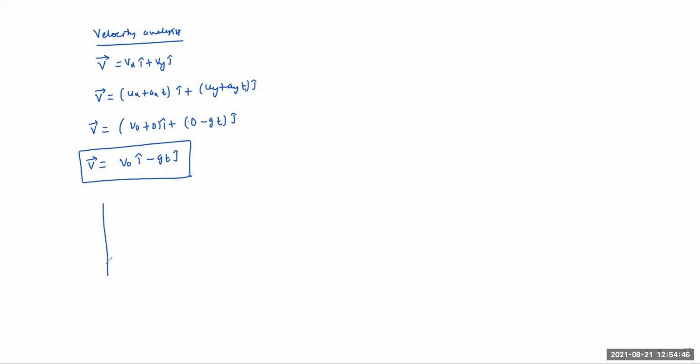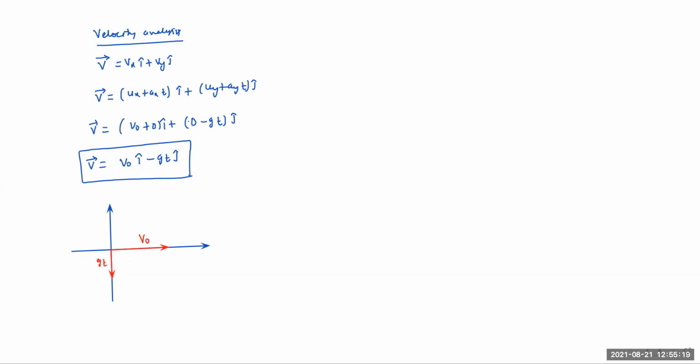First try to interpret this graph. What does it mean? It is saying that at any instant, the v vector will have two components, one horizontal positive, let's call it v naught, and the other vertical down because gt is downward.